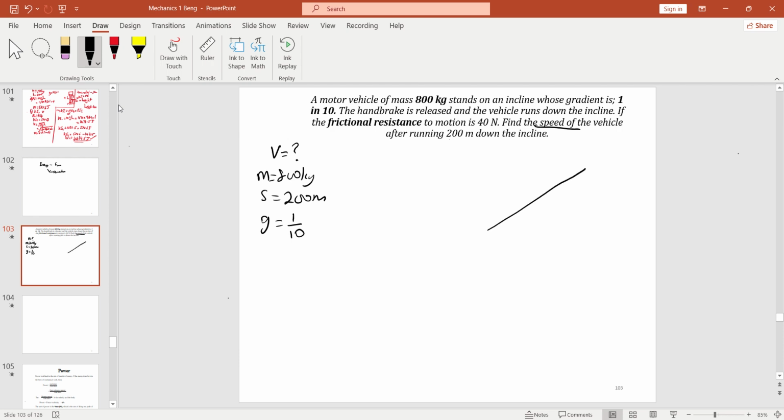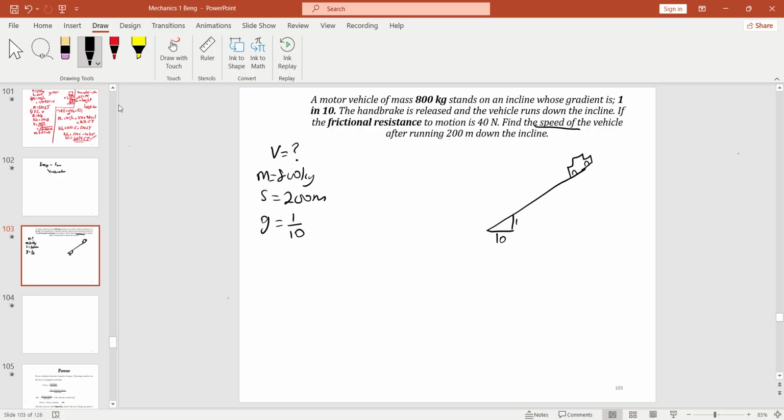We have a slope and then we have our vehicle on it. Okay, we have our vehicle sitting somewhere here on that slope. Now what we are saying is that the gradient is 1 in 10. What that means is that for every 10 meters, we go up by 1.